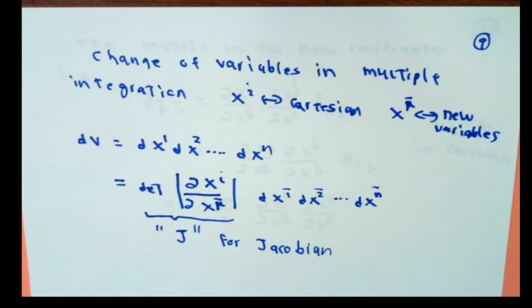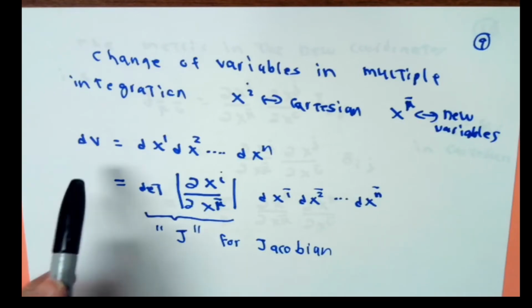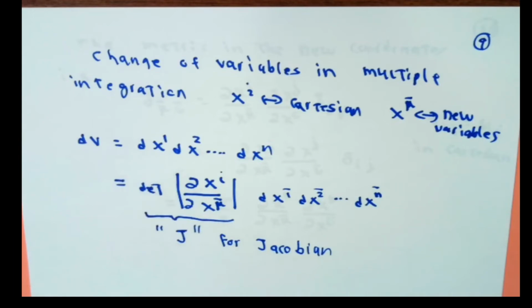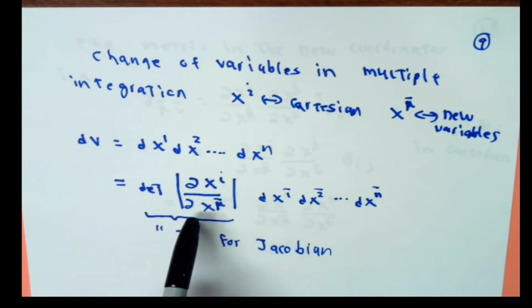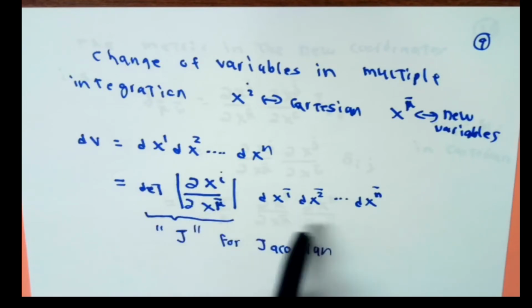Using cross products, among other things, in Calculus 3, the chunk of volume, or area if you're on a surface, is the determinant of the table of numbers that you get by differentiating one of the Cartesian coordinates with respect to one of the new coordinates, times the differentials in terms of the new coordinates. This determinant usually is called J for Jacobian, and it's a scaling factor.